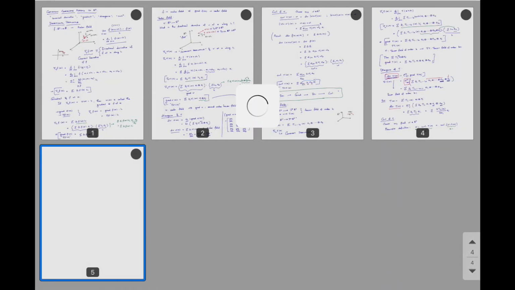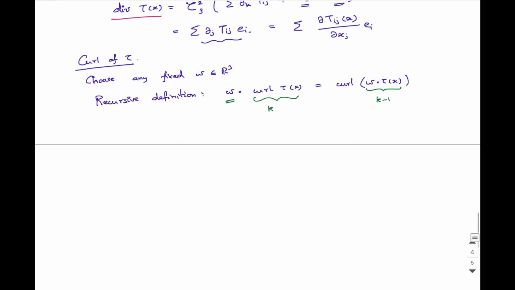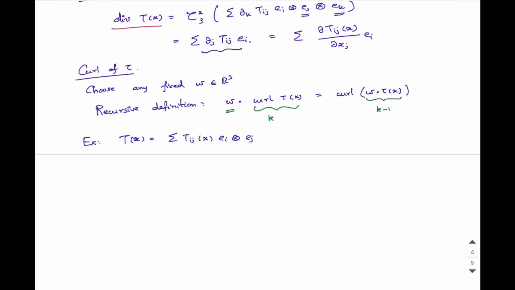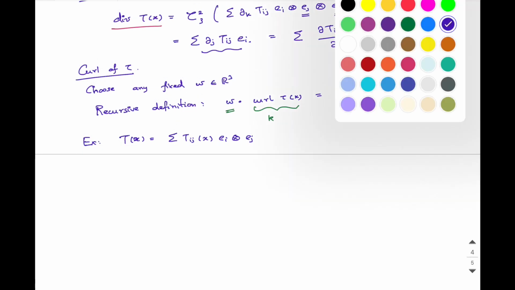Again, the general definition is much more cumbersome to work with, so I'll work in the specific context of a second order tensor field. Suppose, as an example, I consider T of x equals summation T_ij e_i tensor e_j. So how do we compute the curl of T right now?